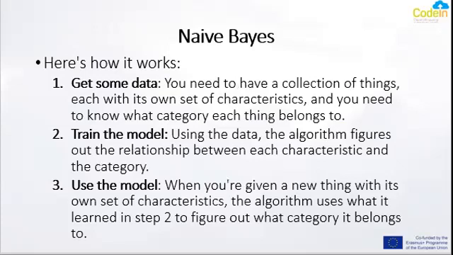Then, the algorithm looks at a bunch of items that are already labeled and uses that information to figure out how to categorize new items. In short, naive Bayes takes things you know about, learns how to group them, and uses that knowledge to categorize new things you don't know about yet.